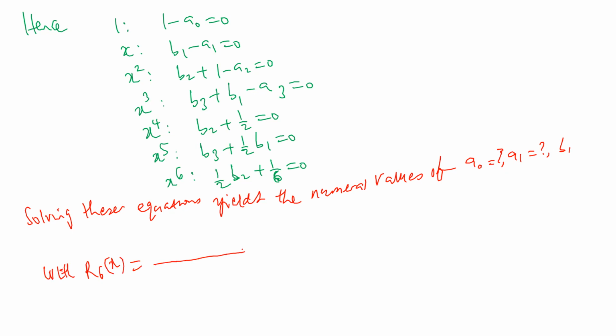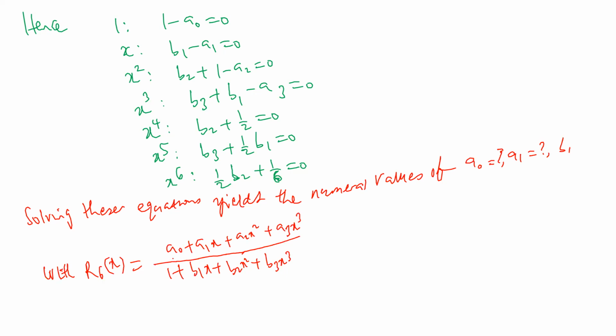So now this one, 1 plus b1x plus b2x squared plus b3, and then we have a naught plus a1 plus a2 plus a3. So we need to find all the values of these things.